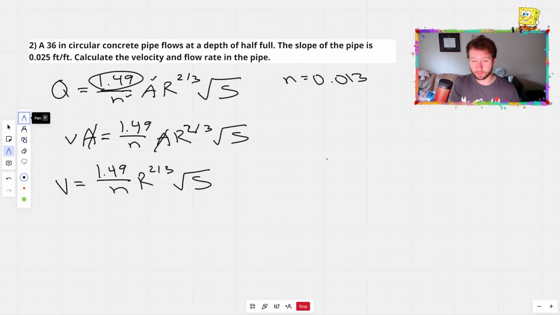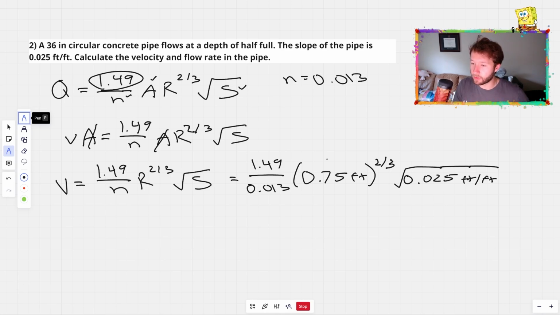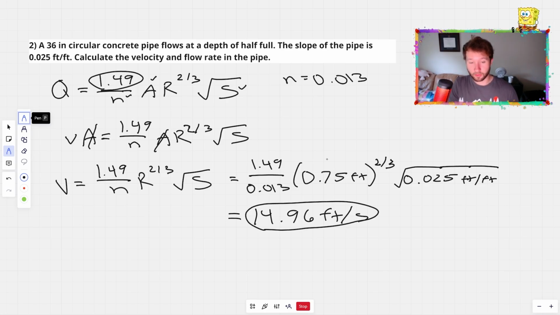Let's plug and chug. 1.49 over 0.013 times the hydraulic radius, 0.75 feet, to the 2/3 power, times the square root of 0.025 feet per foot. And that'll give us 14.96 feet per second.